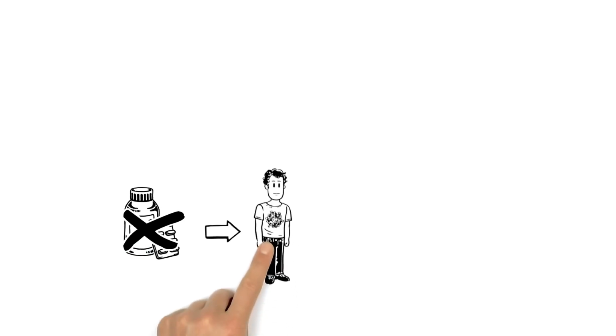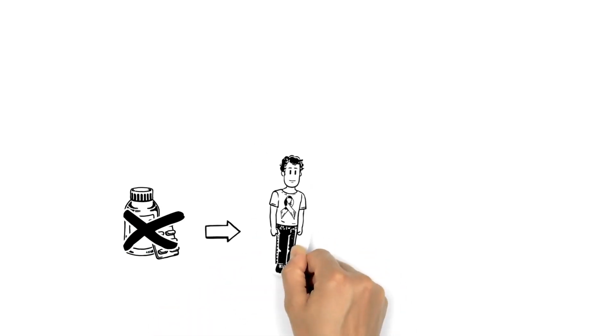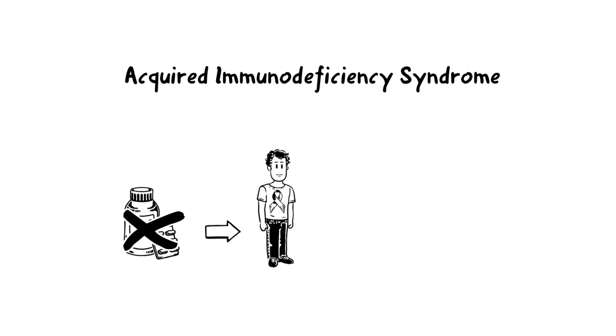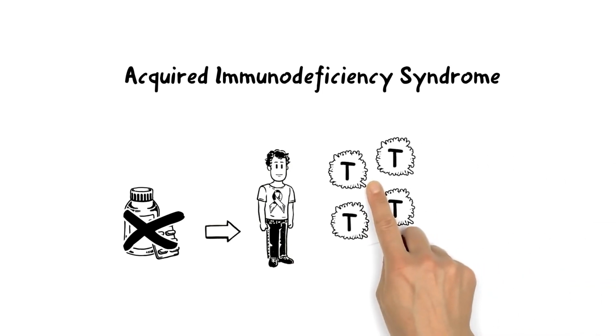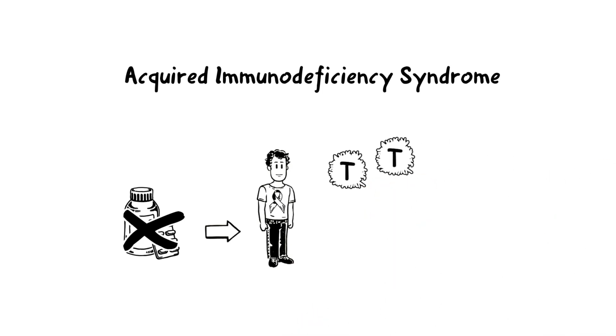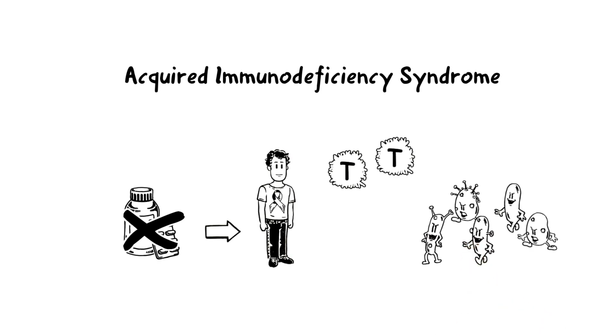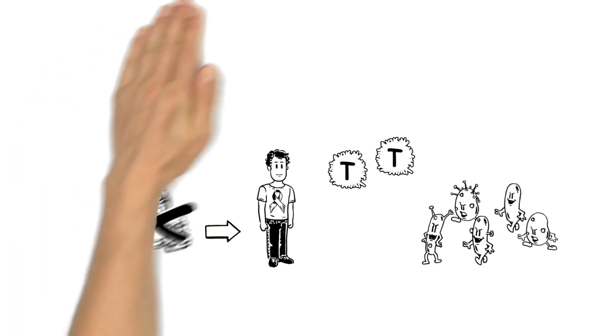Without treatment, it takes 8 years on average for a person with HIV to develop AIDS, or acquired immunodeficiency syndrome. By then, there aren't enough T cells to fight off various infections and diseases. So it's not the virus directly, but the diseases that are eventually fatal.